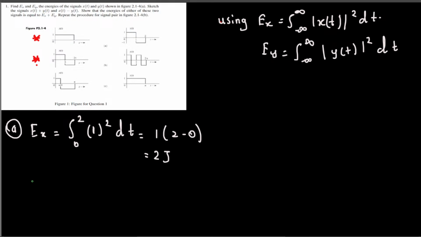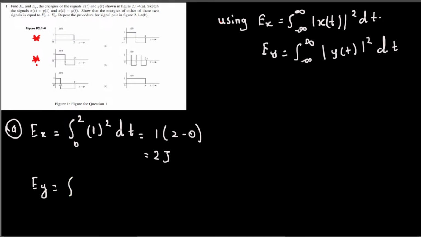And let's do it for Ey. For Ey, we have one upside part going from 0 to 1, and one downside part going from 1 to 2. So it's better to do them separately.